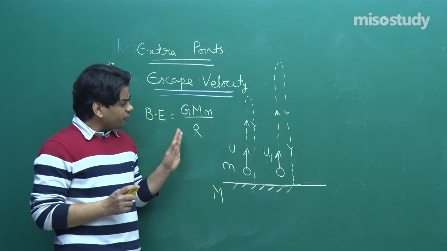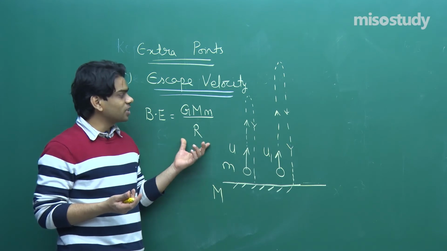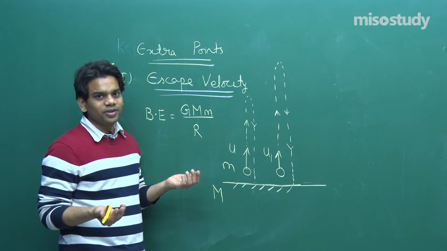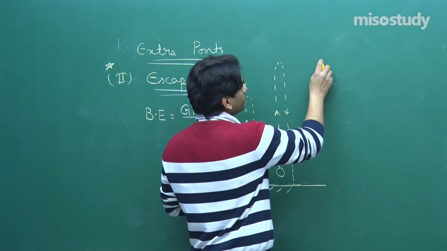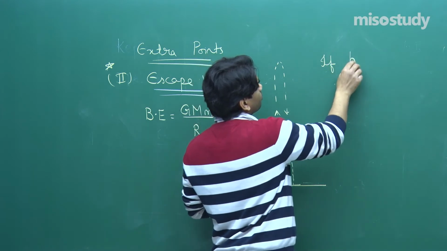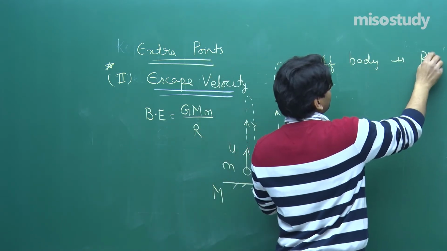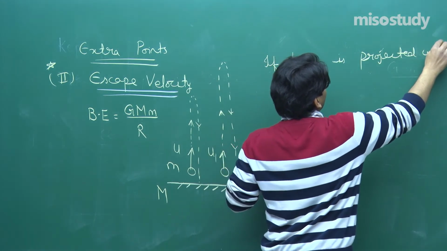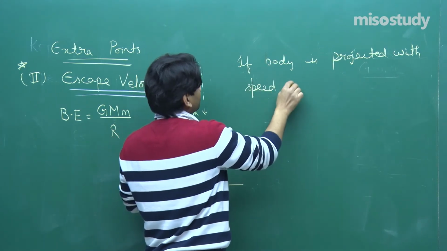Now, if by any means you provide it this much energy, it is going to be released from the Earth's gravitational field. What I mean to say is, suppose the body is projected with some speed v.